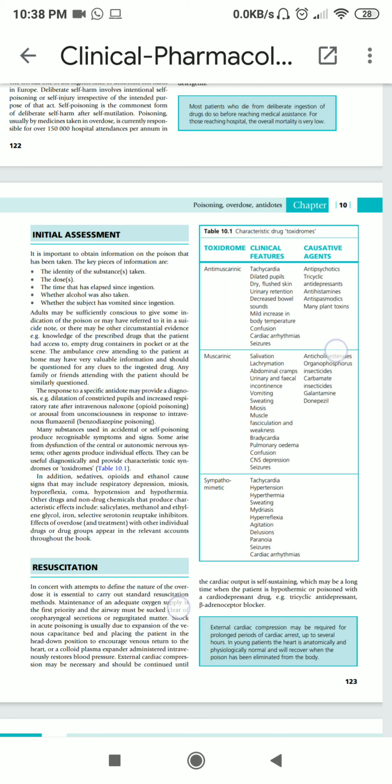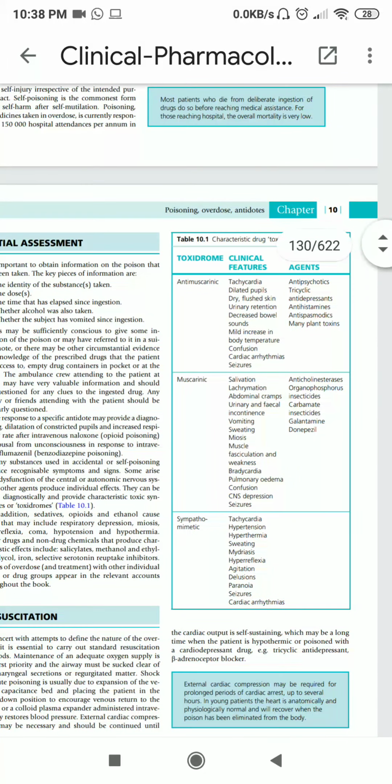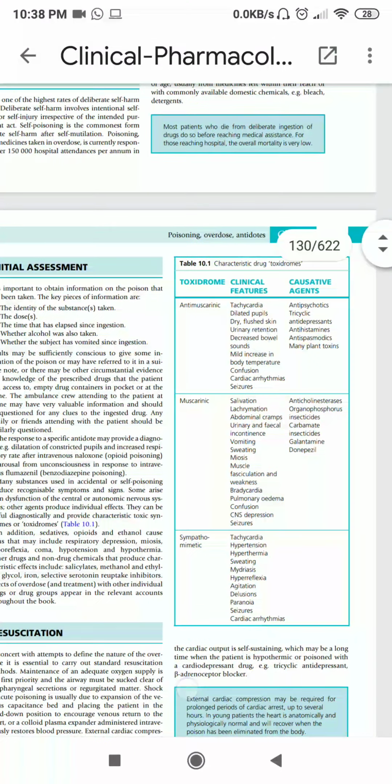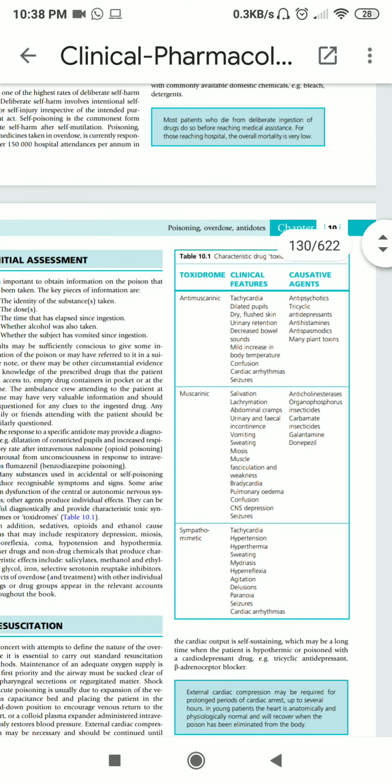So please see, if we take a look here in this table, the clinical features, as in the symptoms that a person is showing, such as tachycardia, means high heart rate, or dilated pupils, flushed skin, means the skin is very red, urinary retention, decreased bowel sound, mild increase in body temperature, confusion, cardiac arrhythmia.